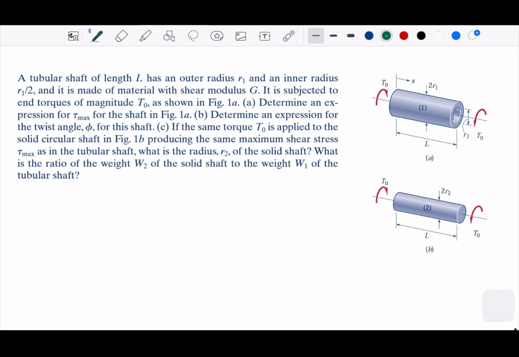So basically, we are going to input all the terms inside these questions, involving all the terms and then using the formula that we've just derived. So first, the expression for the maximum shear stress: tau max is T max times rho over the inertia, right?